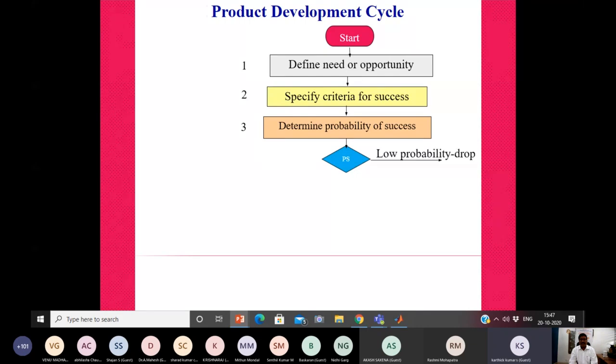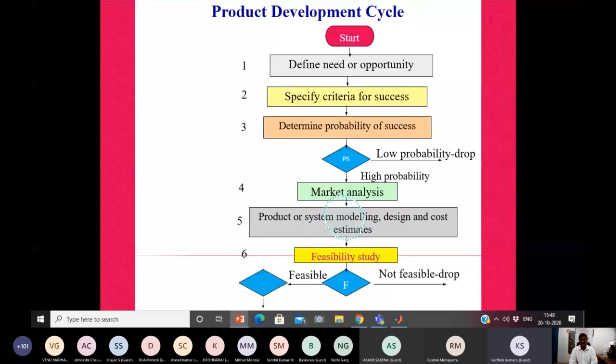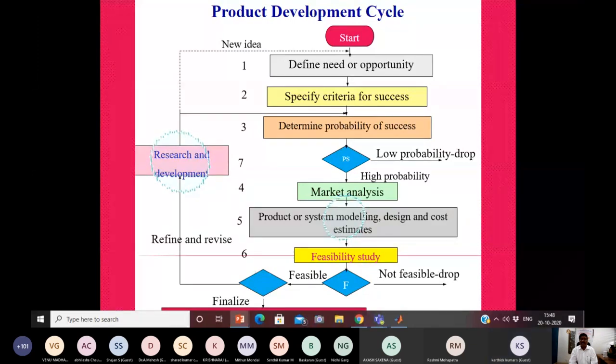So there are some basic steps involved in this product making or product development cycle. First of all, what I am showing is the idea of development of a passive tracking system. The basic steps start from the idea, and defining the need for this product development, because the active tracking system is demanding more electricity.